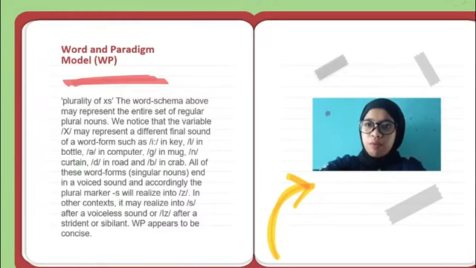All of these word forms are singular nouns ending in a voiced sound, and accordingly the plural marker s will be realized as z. In other contexts, it may be realized as s after a voiceless sound, or as iz after a strident or sibilant. WP appears to be concise regarding the word-based theory.